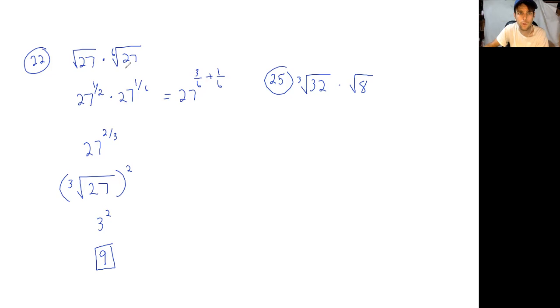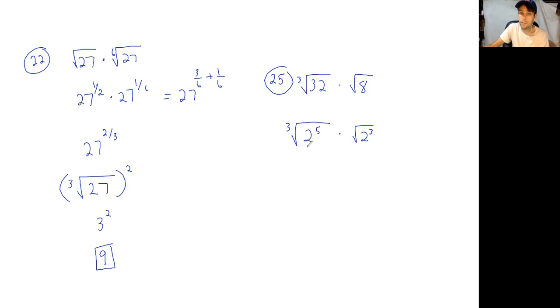Like the last time I had 27 and 27, I don't have that right now. But conveniently, these two numbers are both powers of 2. So I can rewrite them that way, and that's going to be the first thing that I do. So 32 is really 2 to the 5th. And 8 is 2 to the 3rd, so square root of 2 to the 3rd.